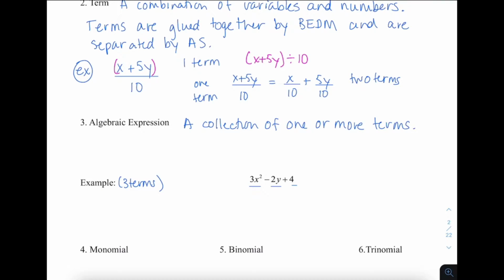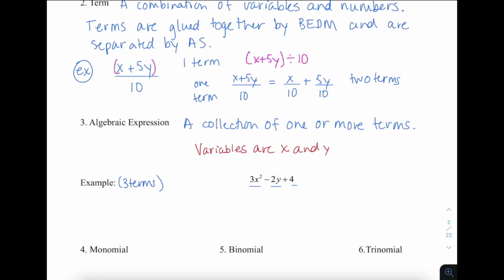What I wanted to do here is name a few things. We have numbers in front of our variables. Maybe first let's state what our variables are. Our variables in this case are x and y.